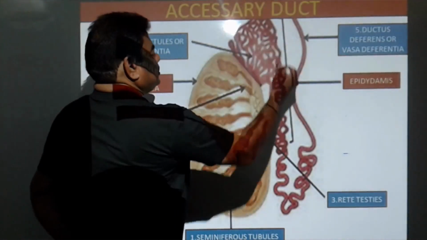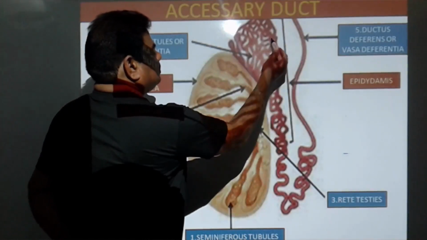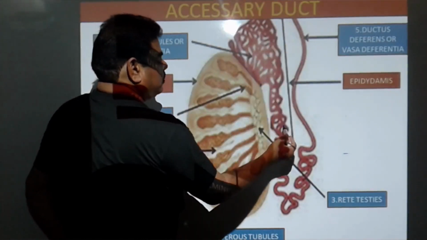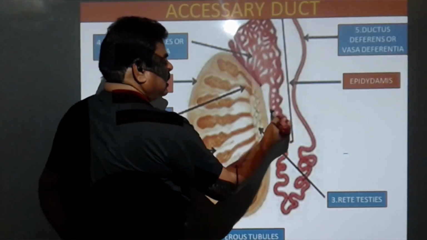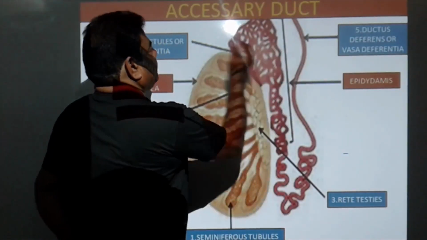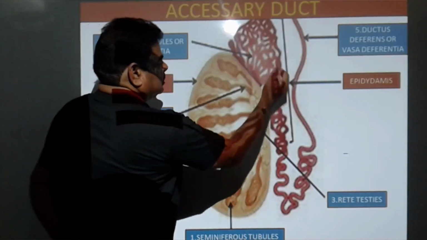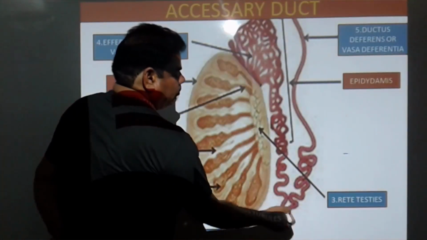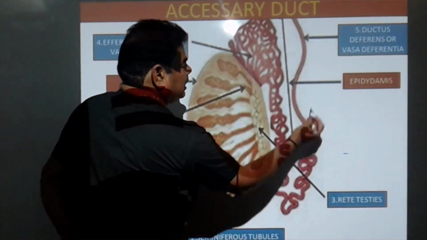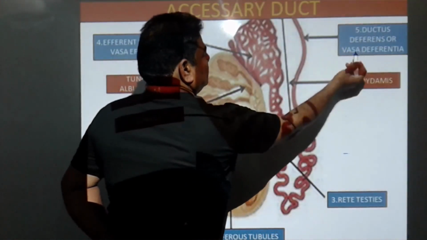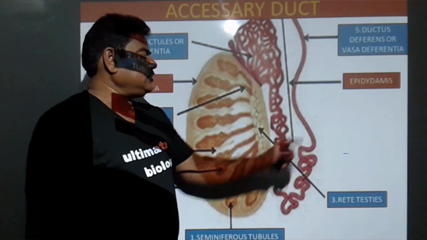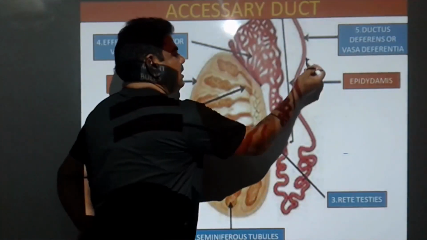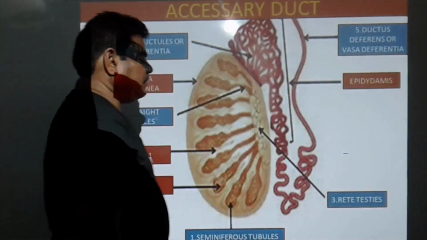In the epididymis there is the head, body, and cauda. Here there is a coiled tube-like structure, the accessory duct, which rejoins to form one common duct. That common duct, the fifth, is the ductus deferens, or vasa deferentia. This vasa deferentia then emerges into the abdominal cavity.